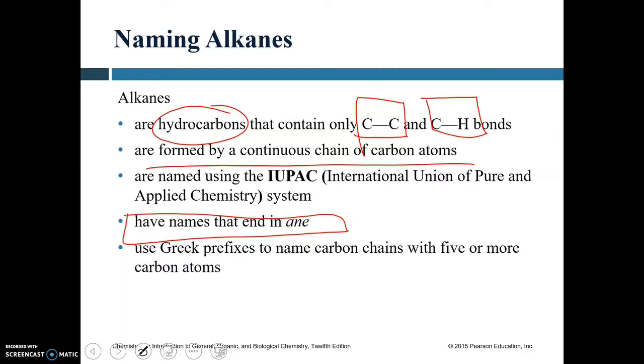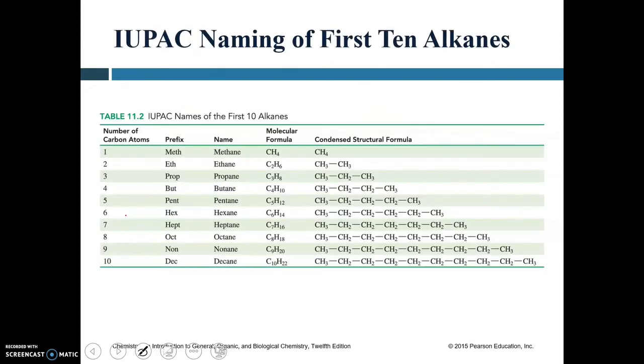So the naming of alkanes, as the naming of all organic compounds goes, follows the rules set up by the International Union of Pure and Applied Chemistry, or IUPAC. And usually, to numerate how many carbons are in the particular alkane, we use Greek prefixes, as you will see pretty soon.